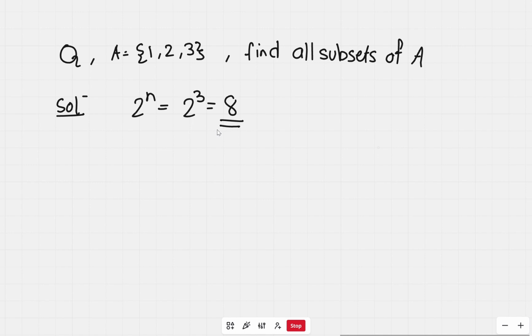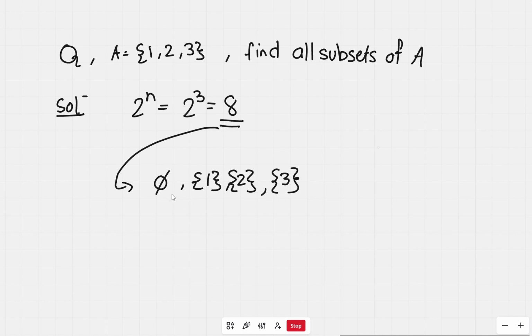Now what are these 8 subsets? We have phi, which is also a subset, as I've already talked about. Then there's a subset which has only value 1, then a subset with only value 2, and 3.